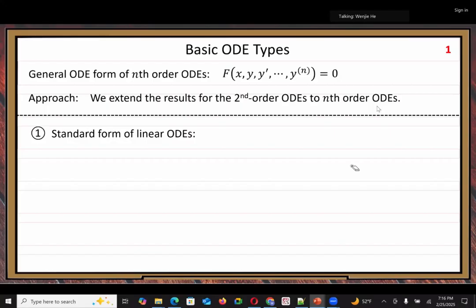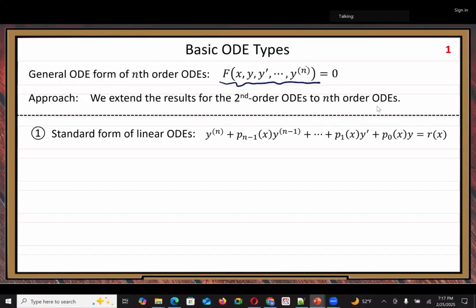We can study it. The first one, the standard form of linear ODEs. Because that capital F is too general, we want to study something easier. Especially linear, because with the general form it's very hard to control that linearity property.